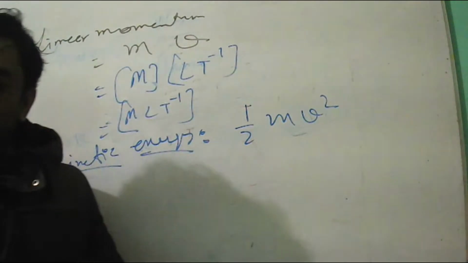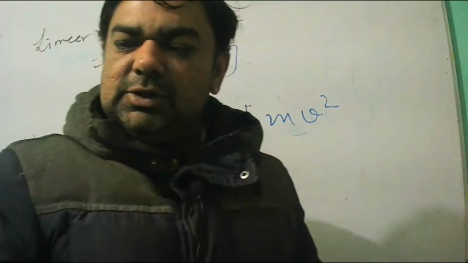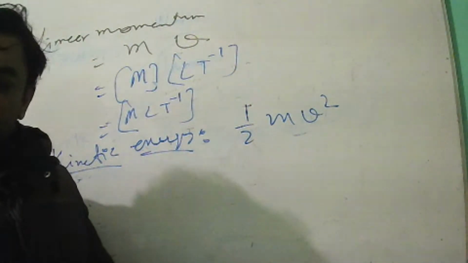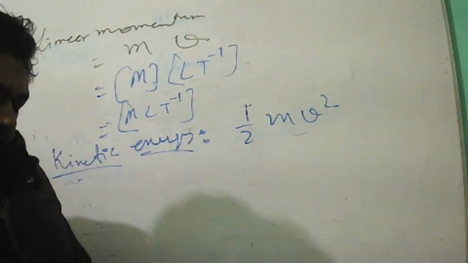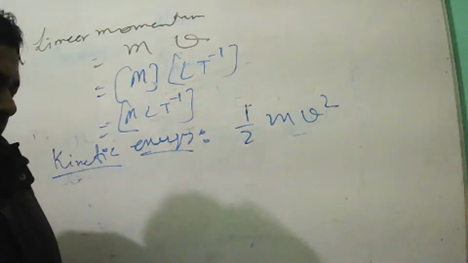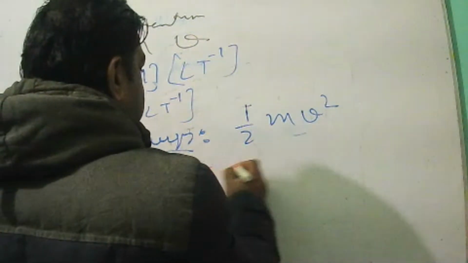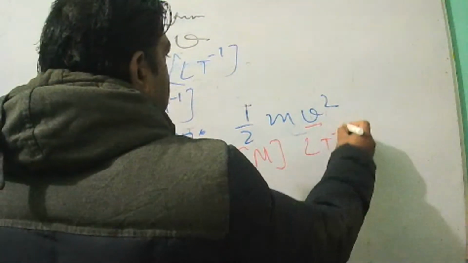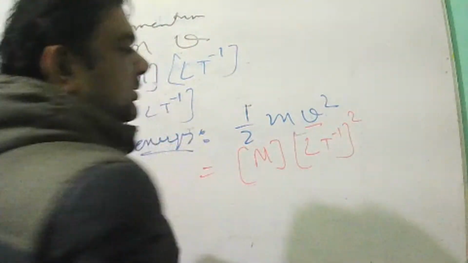So 1 by 2 mv square is the formula for kinetic energy. Now in this formula, what will be the dimensions of mass? M. So write here M, because numbers have no dimensions. Velocity will be LT minus 1 and then whole square.